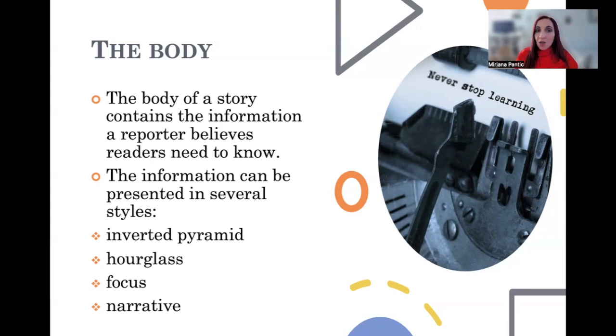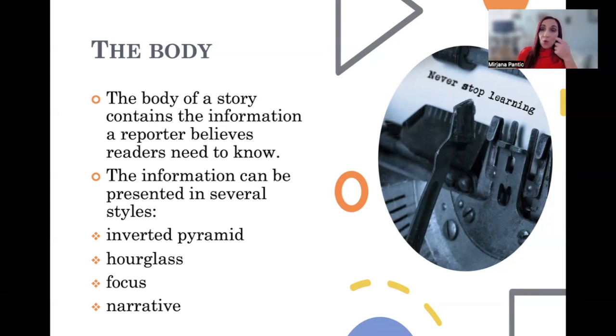Now, the body of the story contains the information a reporter believes readers need to know. As I mentioned, just because that last paragraph is your last paragraph, it doesn't mean that the information in that paragraph is irrelevant. No, it means that it's very relevant, because you're exposed to all this information, but you select which information you want to use in your story.